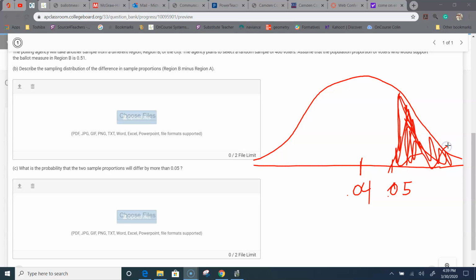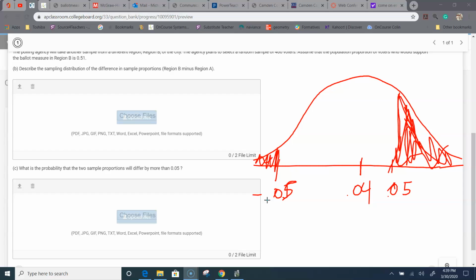If I do region B minus region A, that's more likely to happen. But it's also possible, right, that their difference is down here at negative 0.05. Like, you know, think about what if region A happens to be bigger than region B in a particular sample, right? It's possible. It's not likely, but it's possible, so we have to consider that, okay?